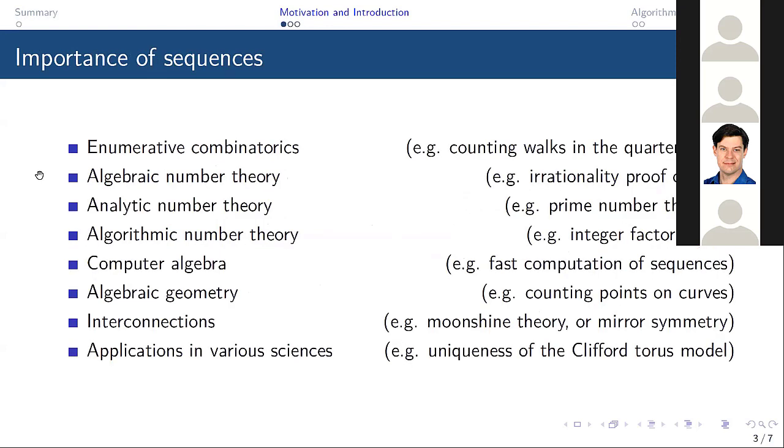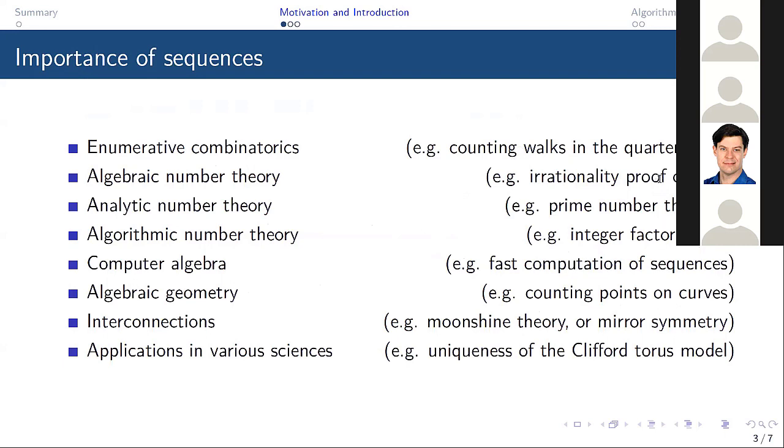So first, let me start with sequences. As I mentioned, one of the takeaways is that they are ubiquitous and very important. Obviously, you would expect them to arise in enumerative combinatorics, like counting walks, or in general, any object in enumerative combinatorics. But they also appear in many other mathematical areas, like algebraic number theory or analytic number theory.